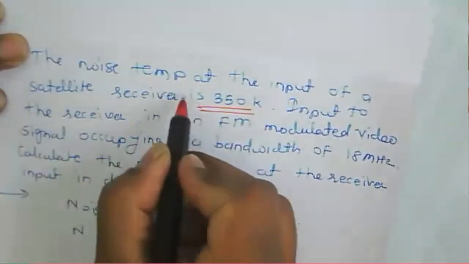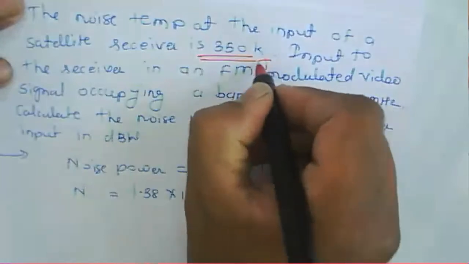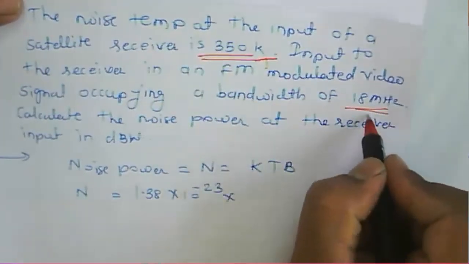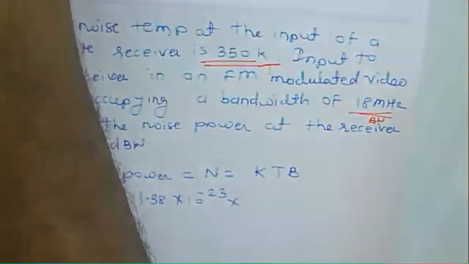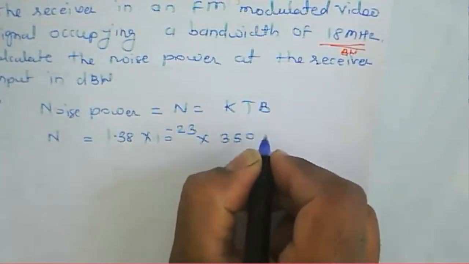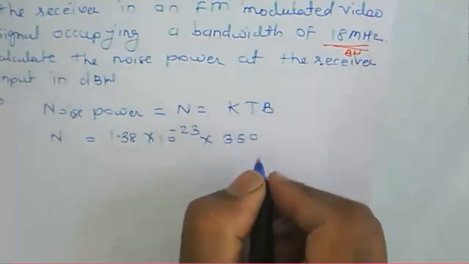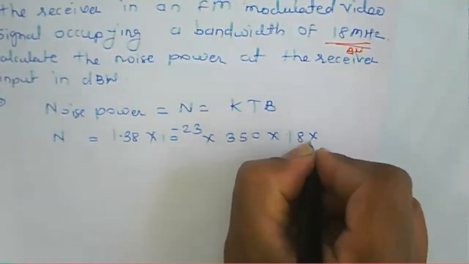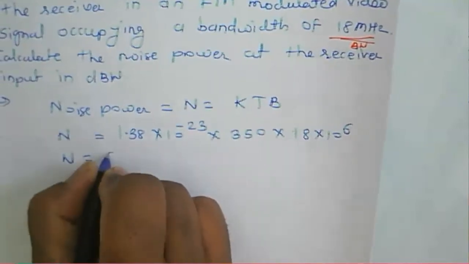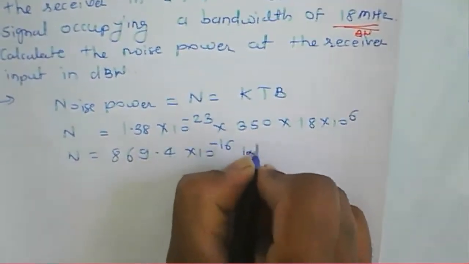The input noise temperature is 350 degree Kelvin. And then we have the bandwidth of 18 megahertz. Then you'll get N equal to 869.4 into 10 to the power minus 16 watt.